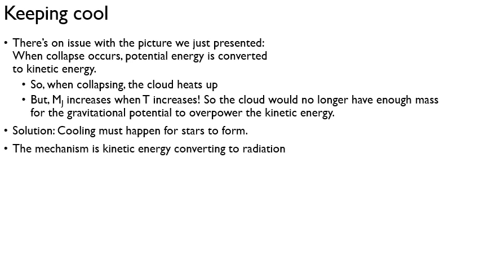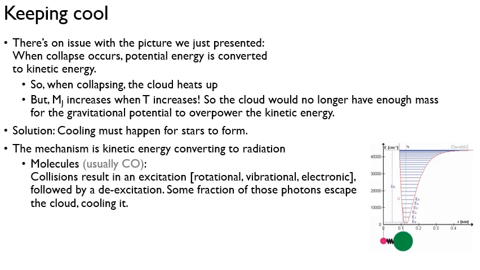The mechanism is basically that kinetic energy is converted into radiation, into photons that can then stream out of the gas cloud, take that energy away, and it's free to cool down and therefore collapse more. A common way to cool is molecules. You can have carbon monoxide, or molecular hydrogen, or, depending on what's in the gas cloud, lots of stuff.